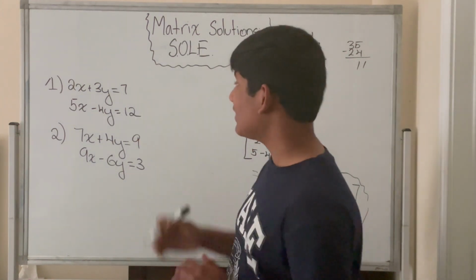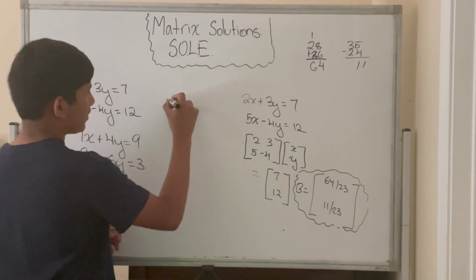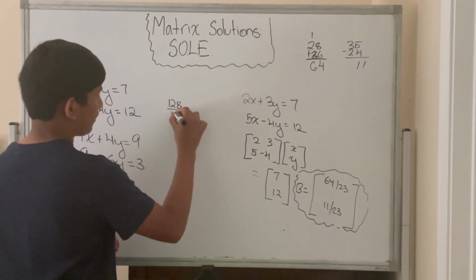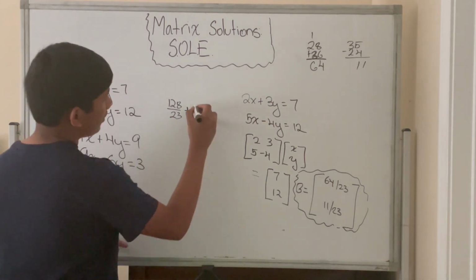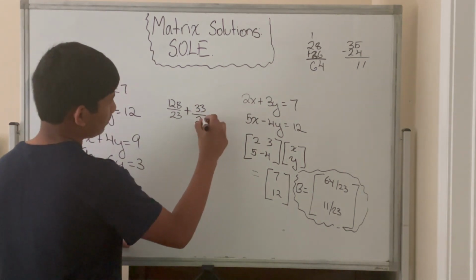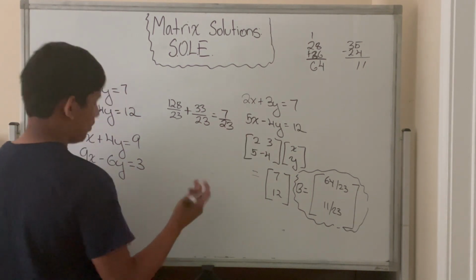So plugging it into the first equation, we have 2 times 64, which is 128 over 23, plus 3 times 11, which is going to be 33 over 23, equals 7. Well, not 7 over 23.